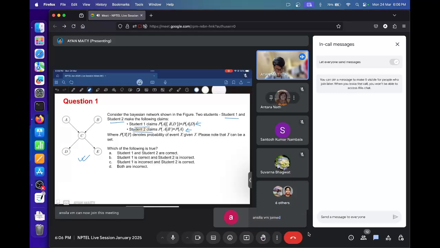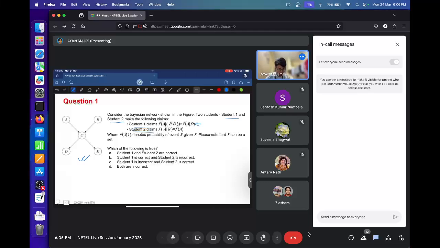The first claim, student 1's claim, probability of A given B comma D equals probability of A given D, basically means A and B are independent given D. And the second claim, probability of A given B equals probability of A, basically means A and B are independent given no evidence. So you have to find out which of these two statements is or are correct.